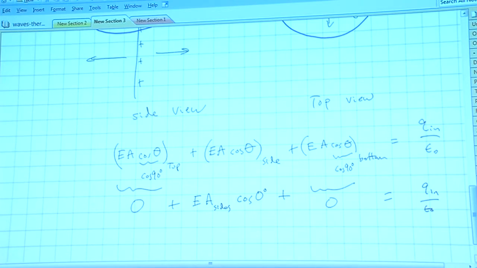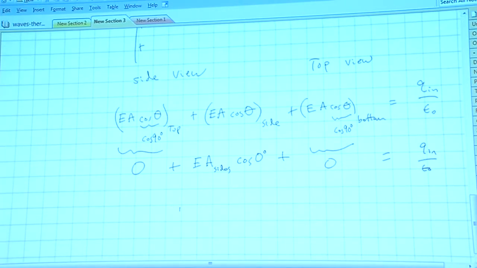Between the electric field and the normal, there are 0 degrees between them. So what do we have here? We have E, that's what we're trying to solve for. The area of the sides of a cylinder. What is that? You remember?